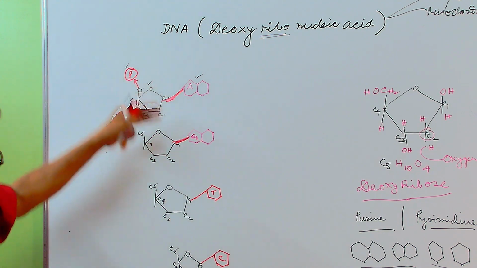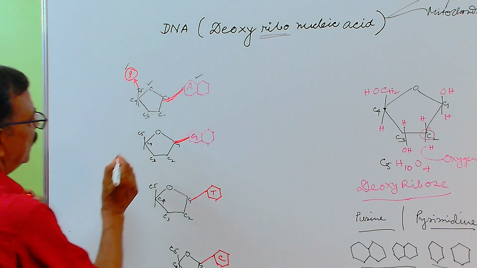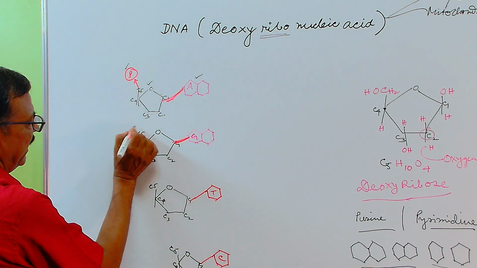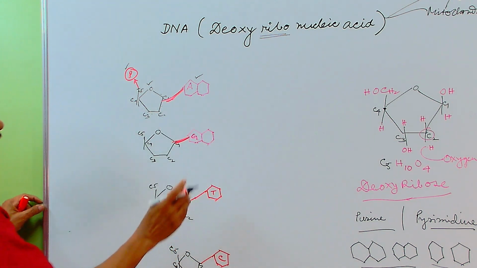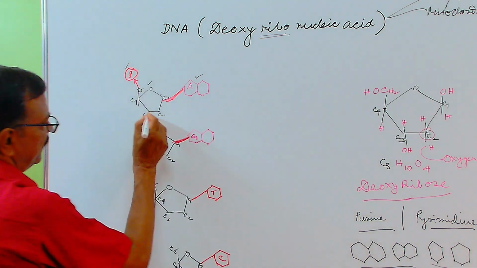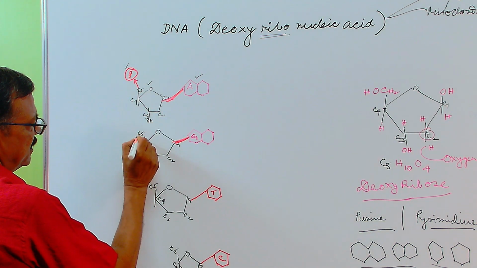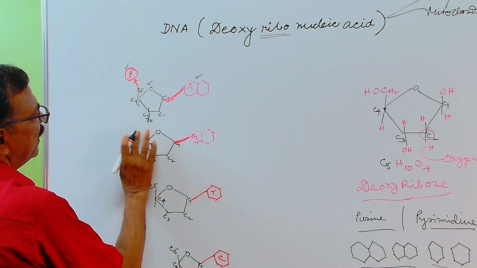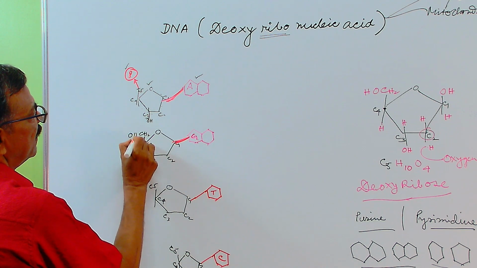Now, these four remain joined here with C3 and C5 and H3PO4. In C3 we have seen some OH is there, and C5 is known as CH2OH.